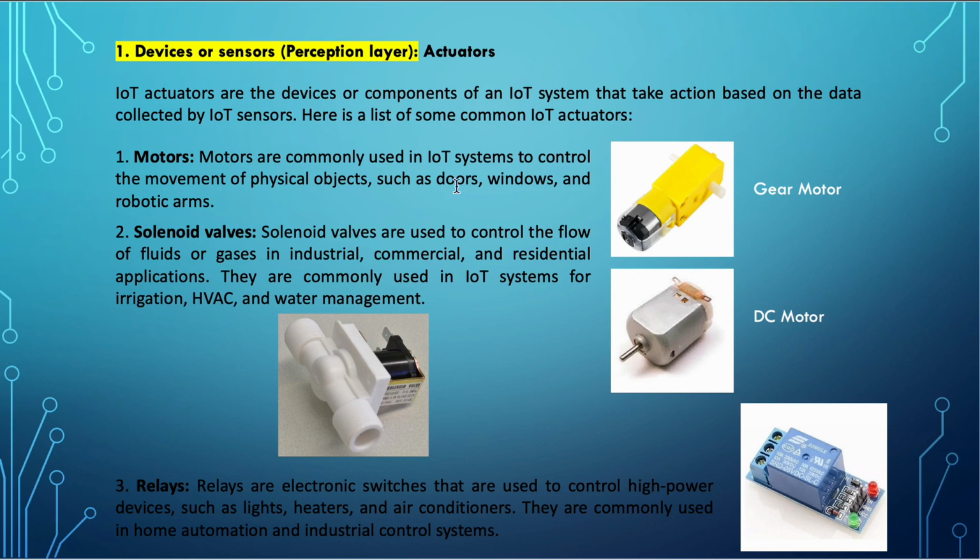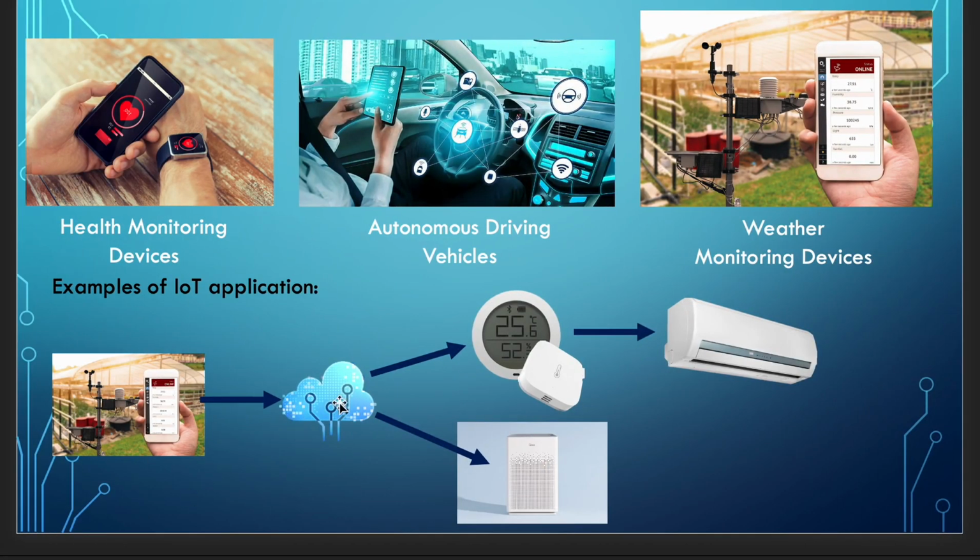So we talked about how relays can be used for motors and solenoids, and we have another example right over here, air conditioners. That means when this IoT application takes place, the weather monitoring tools, these are the sensors, will supply the data through the internet to the thermostat. The thermostat would also have a sensor to check the temperature inside the particular room, right?